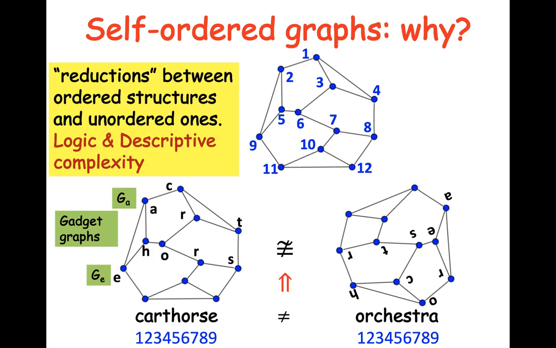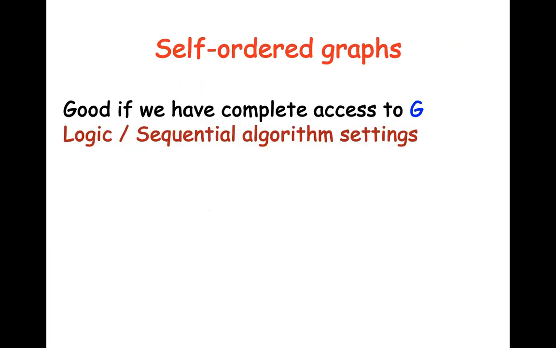These are the reductions between ordered and unordered structures, and they were already known and used in logic and descriptive complexity. Self-ordered graphs are good in these settings because you have complete access to the full graph.